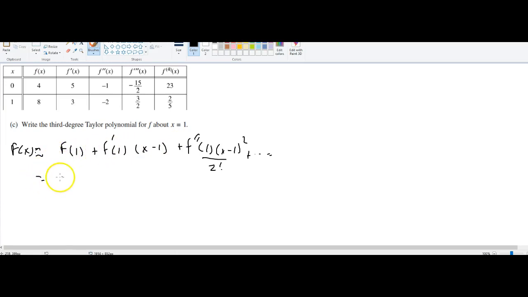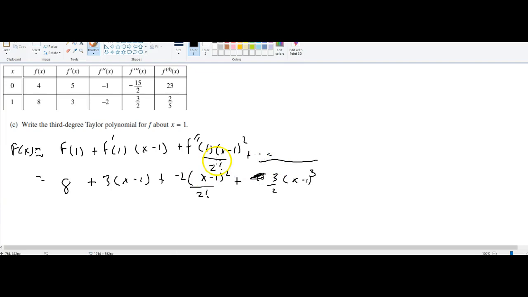And so my function is going to be equal to f of 1, which is 8, plus 3 times x minus 1, plus negative 2 times x minus 1 squared over 2 factorial, plus 3 halves times x minus 1 to the third, which is my third degree polynomial.